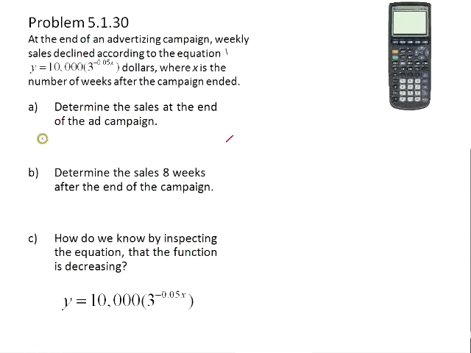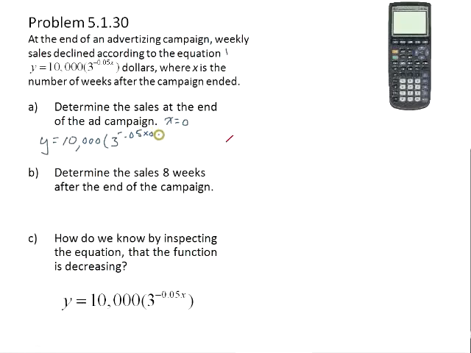What we're going to have is, at this particular time at the end of the ad campaign, that's when things get started, and so our x is going to be equal to 0. Substituting 0 in here, we have 10,000 times 3 raised to the negative 0.05 times 0.